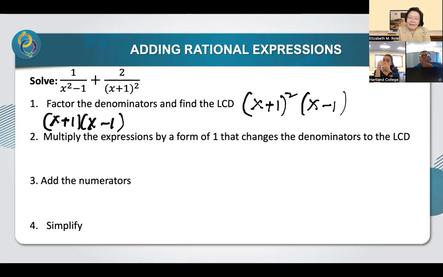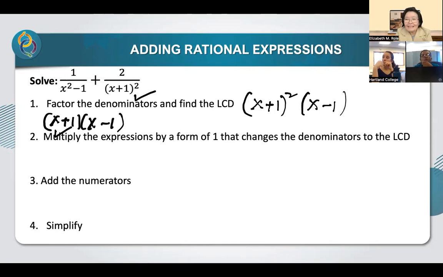So the LCD between x plus 1 squared and x plus 1 is x plus 1 squared. So you cannot just put x plus 1 because we want that factor to be divided by both. So x plus 1 squared can be divided by x plus 1 squared. X plus 1 squared can be divided by x plus 1. So you get the one that has the higher power, okay?